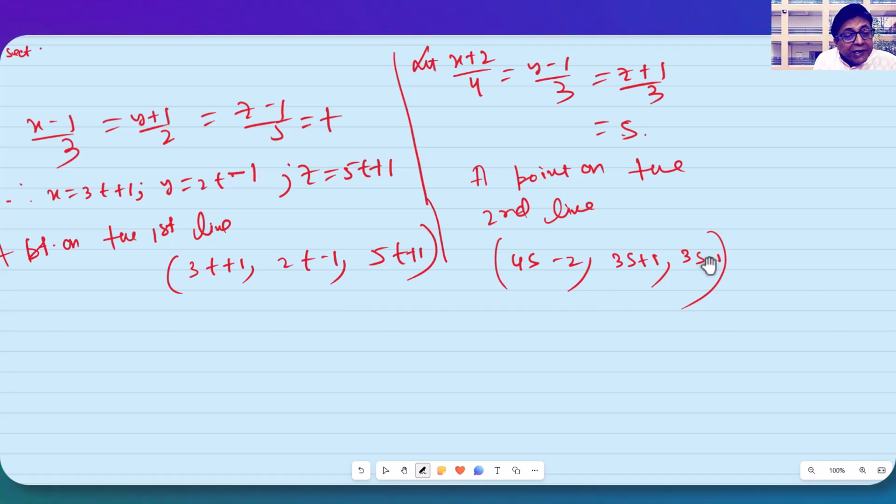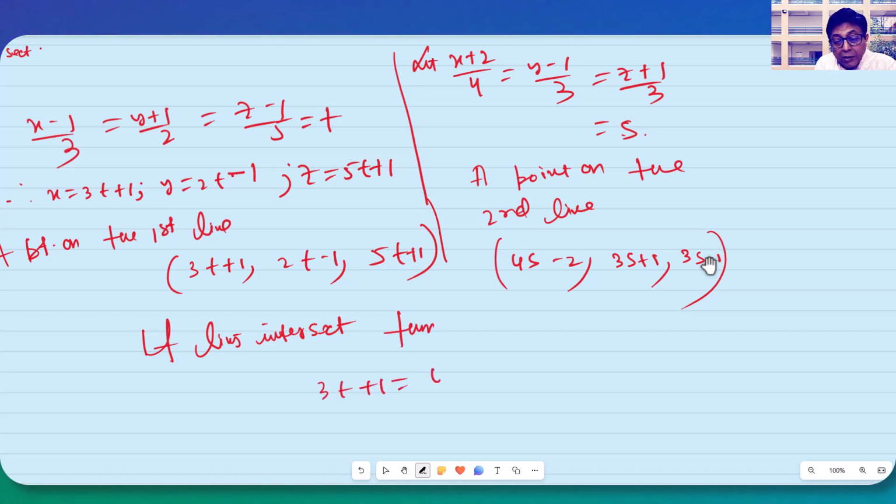If the lines intersect, 2t minus 1 is 3s plus 1.